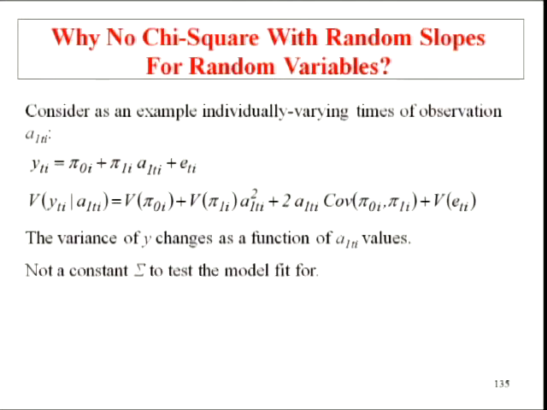Raudenbush wrote a chapter on that in the book on best methods of analysis of change, and talked about how SEM couldn't be used for growth modeling for these reasons, that it couldn't handle these two complications. That doesn't mean, though, that the latent variable modeling framework cannot be used for growth modeling, as we see here.